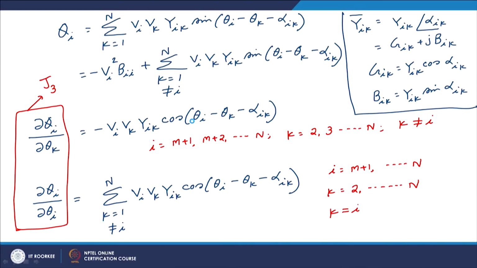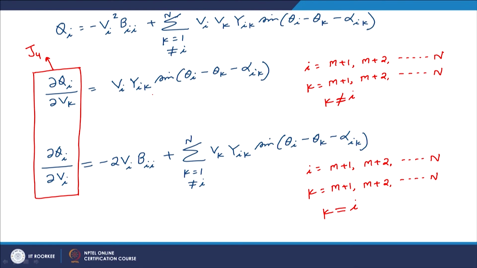So, then therefore, at least there would be one element here would be non-zero. So, then usually this self terms become always non-zero, but this non-self terms some of them would be non-zero, but the rest of them would be 0, because in any power system usually any particular bus is directly connected to mostly 4 to 5 other buses. We would be actually discussing this issue in much more detail in some later classes.